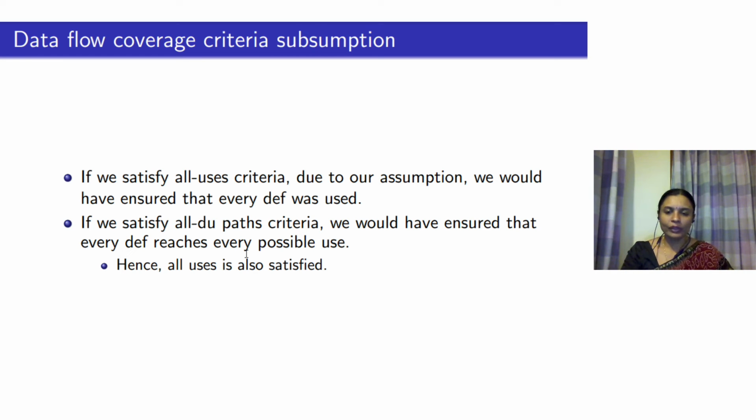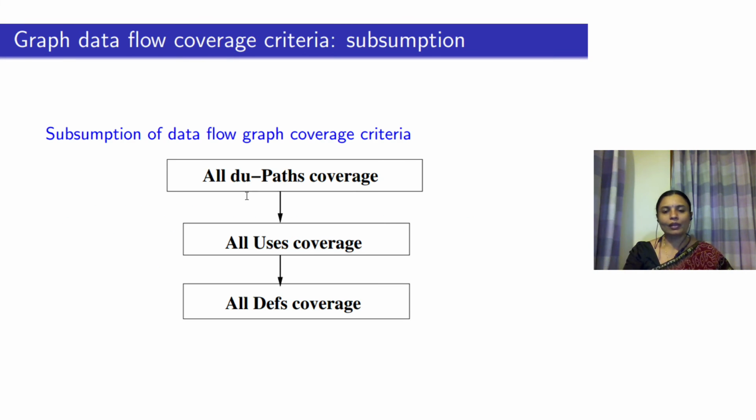So this picture should be fairly clear. All du paths coverage is the most expressive data flow criterion. It basically says for a variable, take its definition, take all possible uses, and take all possible paths that go through the various uses. This is going to subsume all uses coverage, which in turn is going to subsume every definition reaching at least one use. That is all defs coverage.